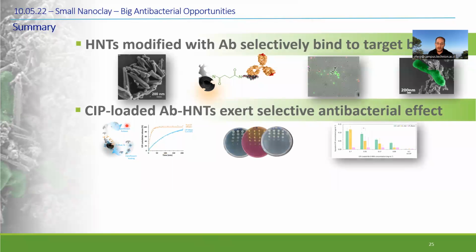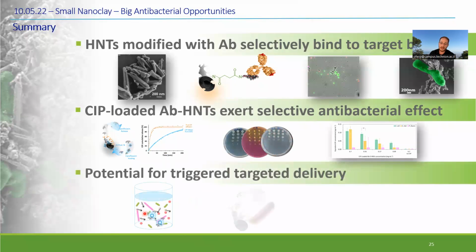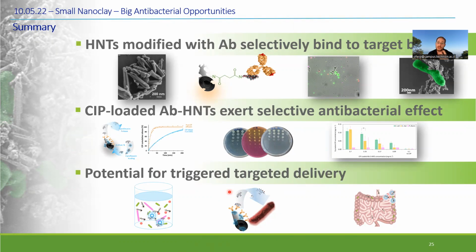Later on, we loaded them with antibiotics and showed that indeed a selective antibacterial effect was achieved. In the future, this kind of method or system could be used for treating gastroenteritis and also combined with trigger mechanisms or even directed to any other microorganism with just changing the antibody or the targeting probe.